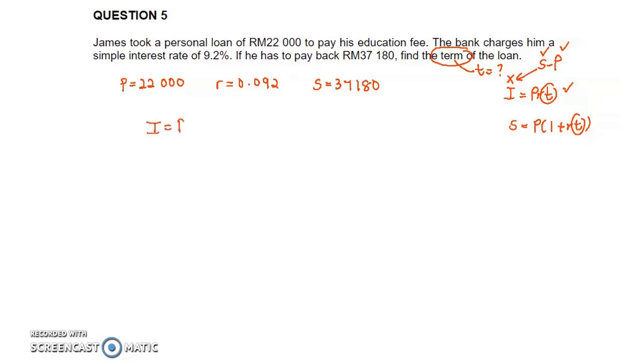I equals to PRT. So we know that I equal to S minus P. Okay, substitute the values. S is 37,180 minus P 22,000 equal to P 22,000 rate 0.092, and then we want to find T, multiply by T. So here amount of interest will be 15180.